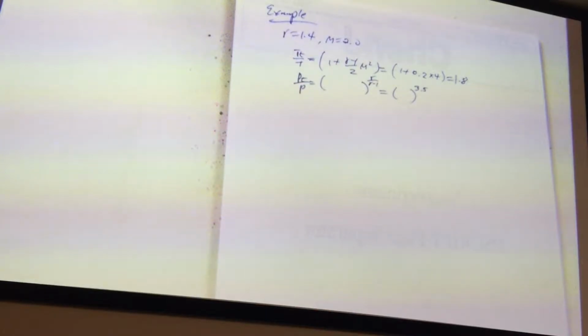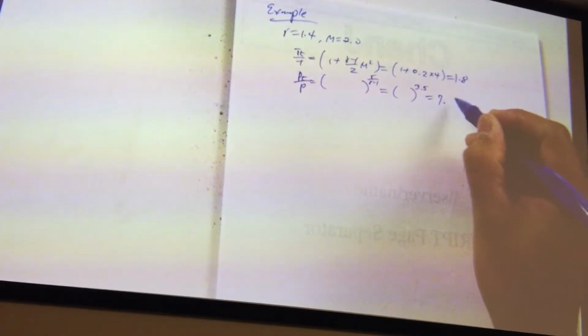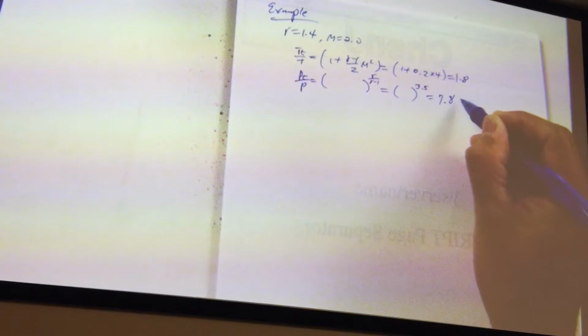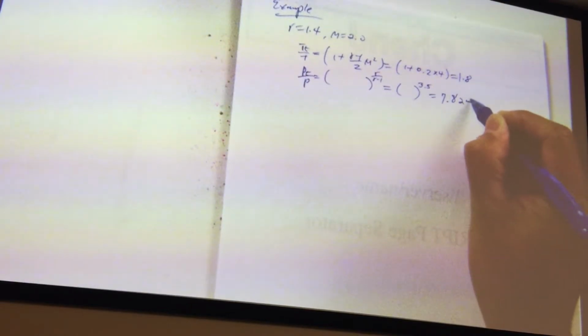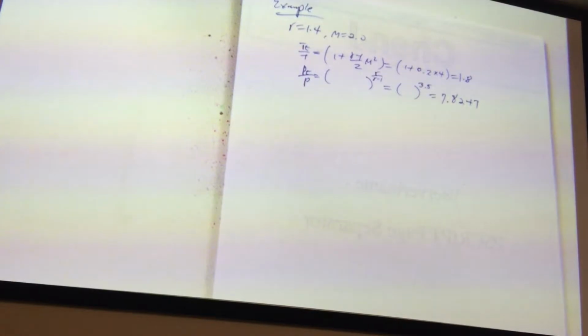If it's 1.4, that exponent is 3.5. So it's calculated. This will give you 7.82. I'm not sure you need so many digits to understand the concept. You would do 2 or 3 digits, that's fine enough.